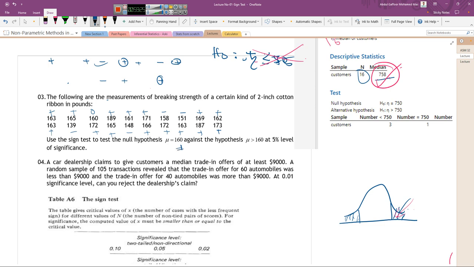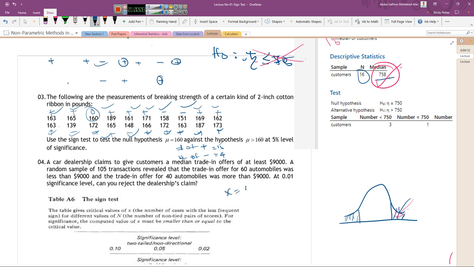Okay, so the number of plus, number of minus is equal to... let's count them. 1, 2, 3, 4, 5, 6, 7, 8, 9, 10, 11, 12, 13, 14, 15. Number of negative: here we have only one, right? So 1, 2, 3, 4. Yeah, okay. So number of positive signs 15, number of negative signs 4.